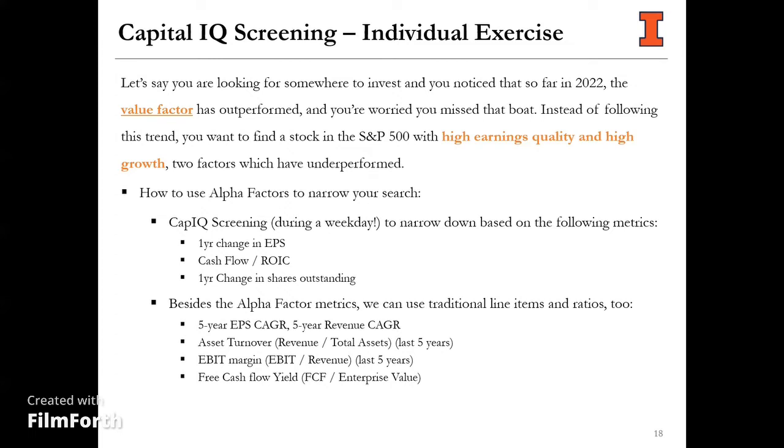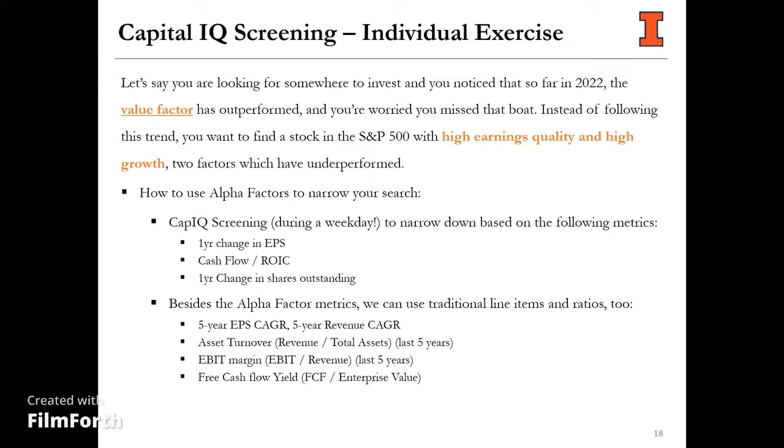And I have last 5 years there because, as I had sort of alluded to earlier, the most quality companies are able to have repeating metrics of similarly strong amount. So a high asset turnover metric just last year could mean a number of things. Maybe it was just an anomaly strong year, but an asset turnover ratio that was really high over 5 years, or an EBIT margin that was really high over 5, 6, 7 years, repeatedly strong, that could be more indicative of a strong investment.